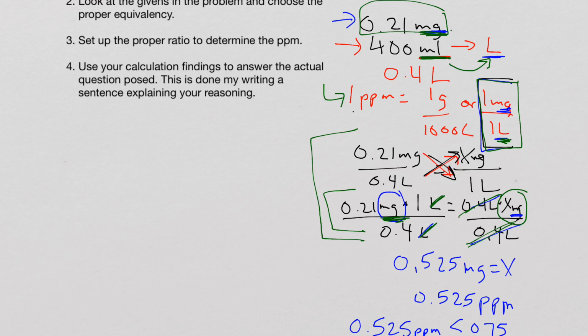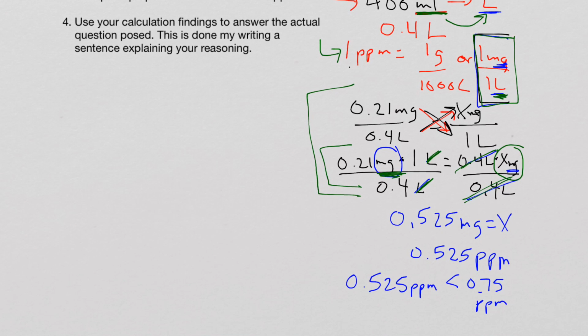It's not enough to just say, yes, there's enough insecticide or fungicide here. No, there isn't. In this case, the mealybugs or the African violet will not be protected because, and this is important, 0.525 ppm is less than the required 0.75.